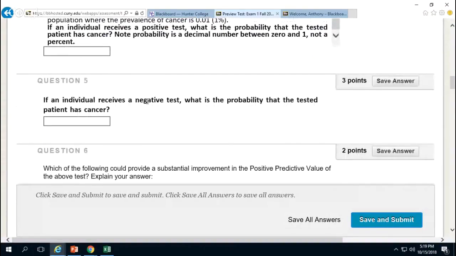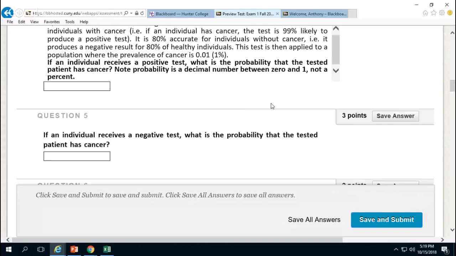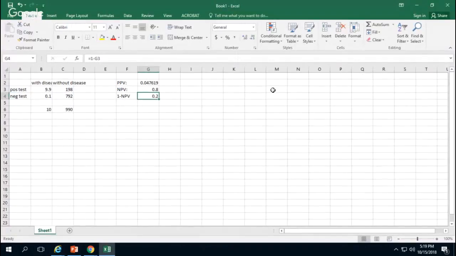If you receive a negative test, then the probability that the tested patient... wait a minute, I did something wrong here.